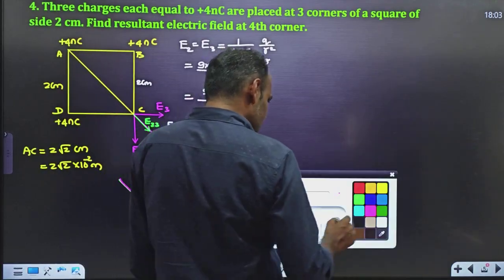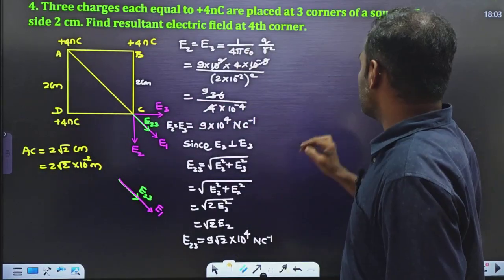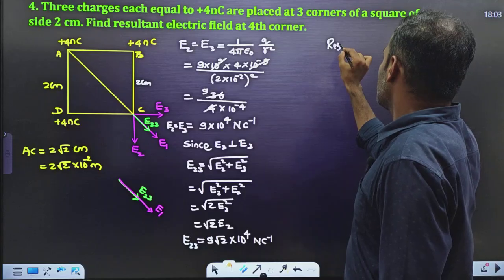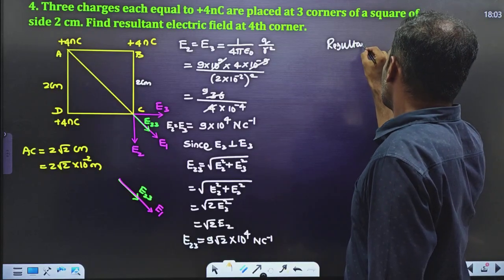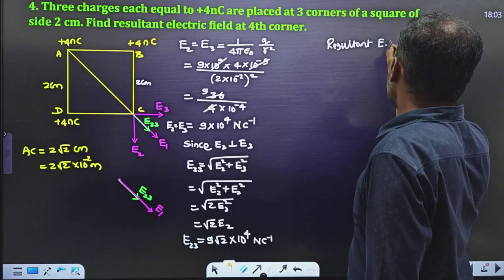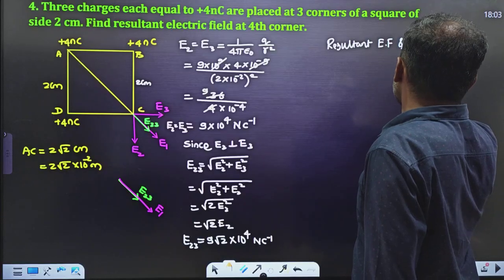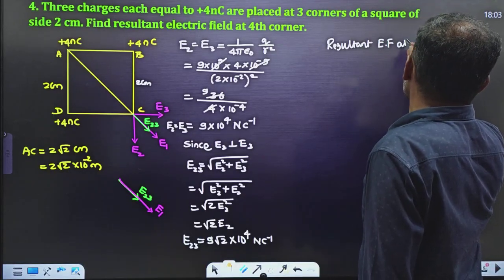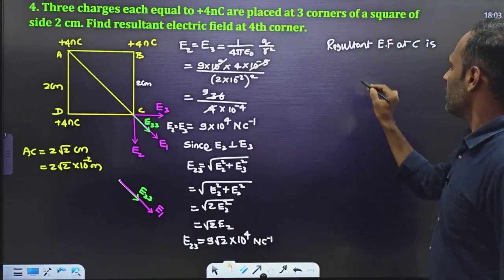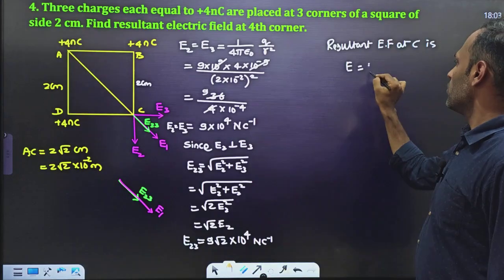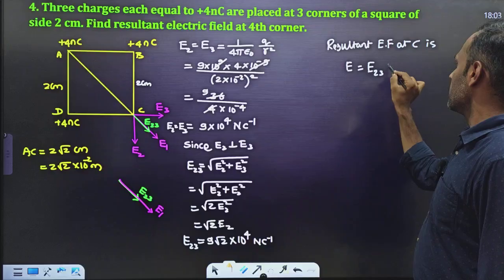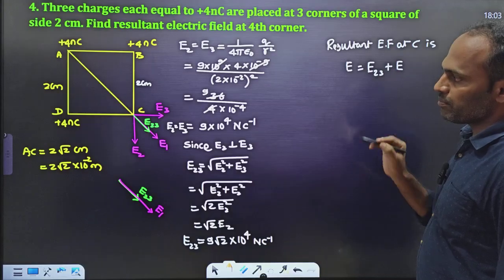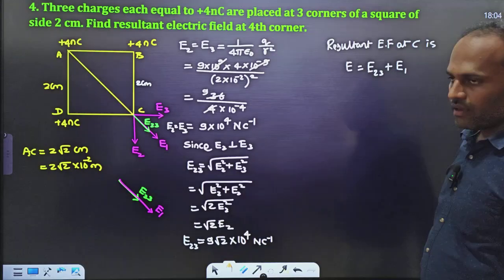That's why the resultant electric field at C is E equal to E23 plus E1.